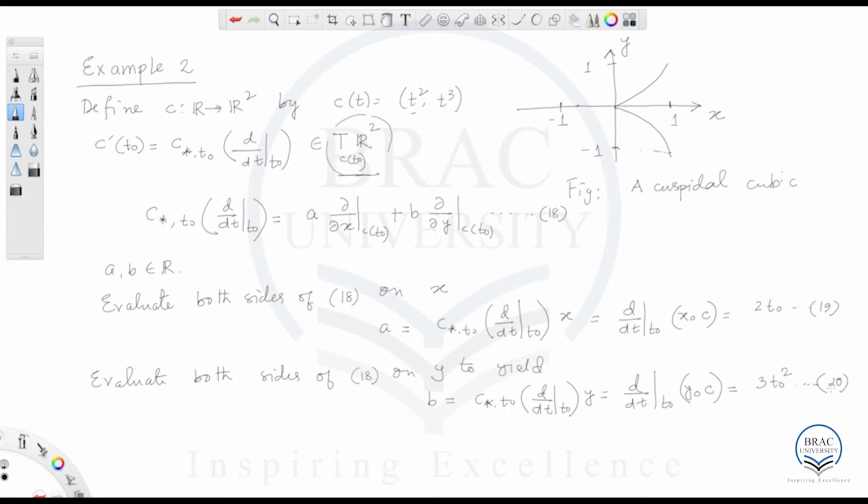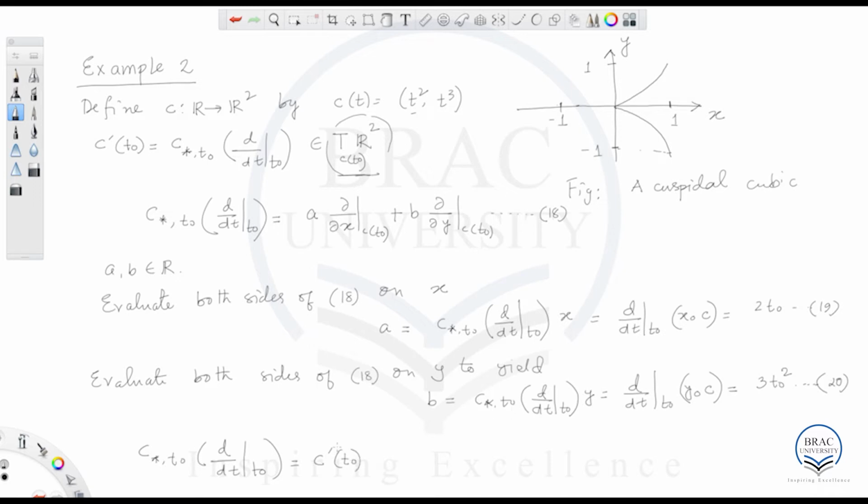Now, using 18, we can plug in these two values in 18 to find C star comma t0 acting on d dt at t0, which is nothing but, we know that this is C prime of t0.